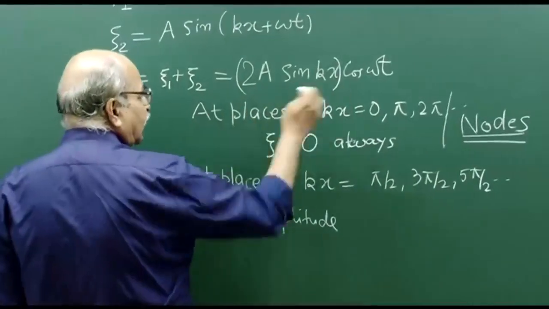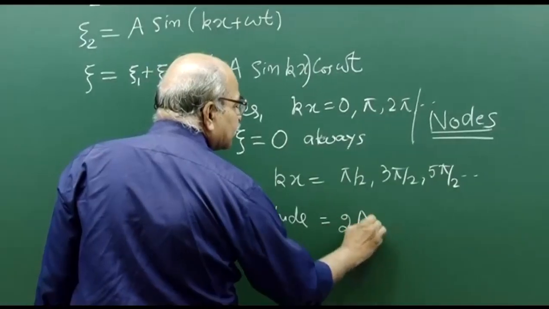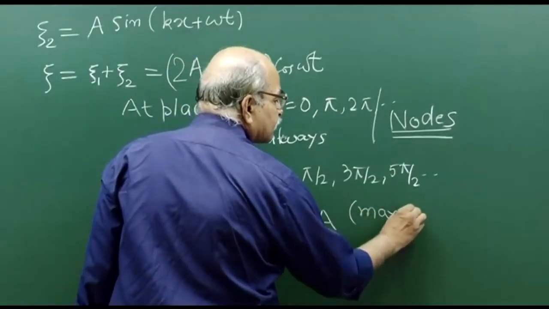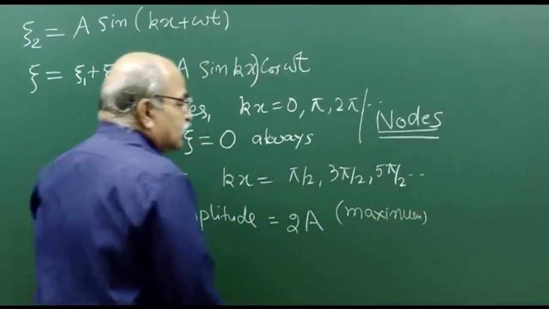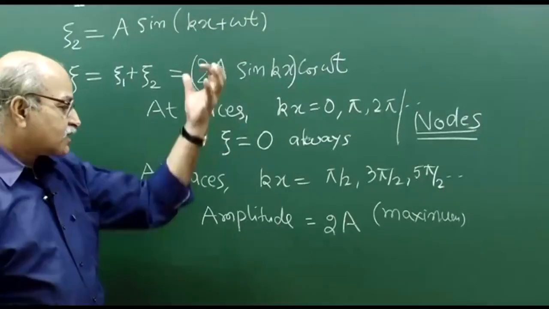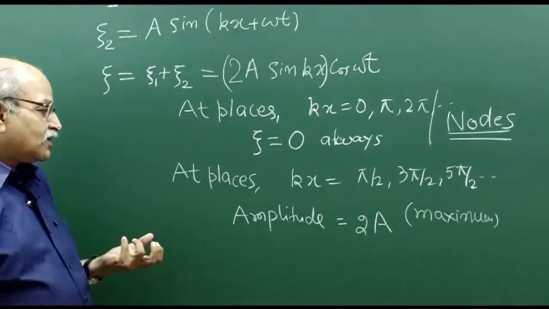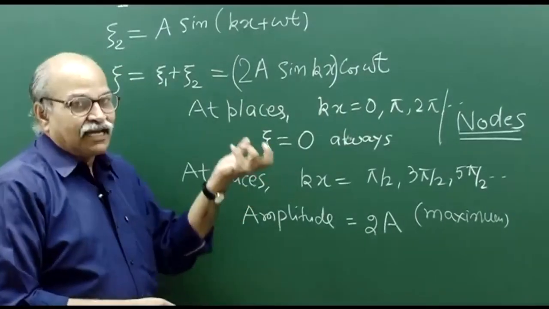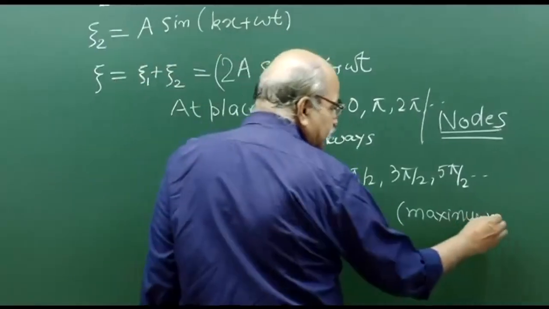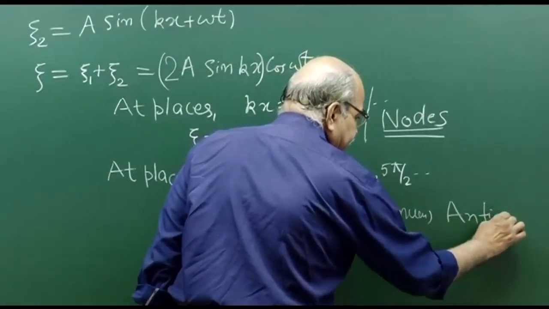So, this amplitude will be 2A at maximum. So, at certain positions particles are vibrating with large amplitudes, at certain other positions they are not vibrating at all, in between they have smaller amplitudes and so on. These maximum amplitude positions are known as antinodes.